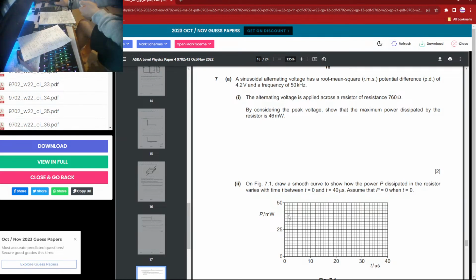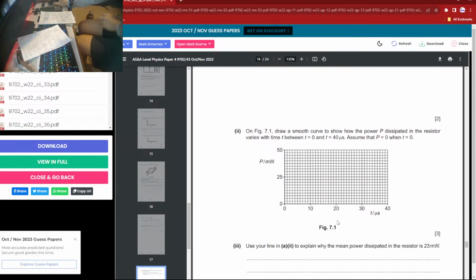So you go from 46 down, middle, 5 microseconds, and then at 10, halfway through the cycle, the alternating voltage reaches the negative value of the voltage. So you go all the way up, same power dissipated, all the way down, zero power, all the way up. So from max, down, up, down, up, down, up, down, up. You end at 40 with max.